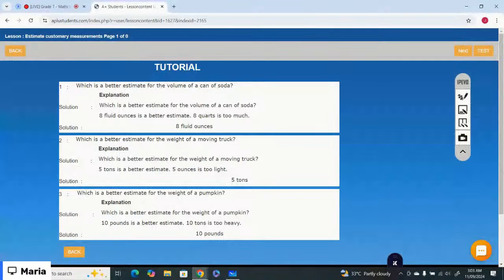Got it? So fluid ounces is a smaller unit and quart is a bigger unit, right?